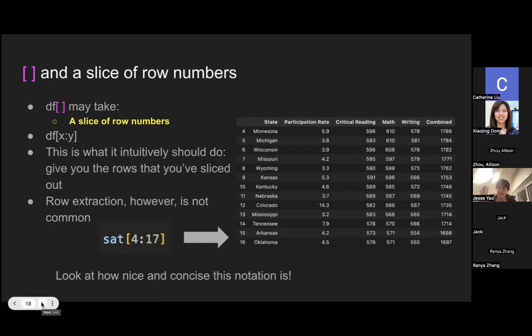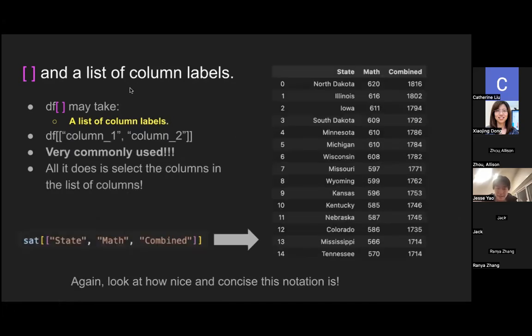Now, if I do not put a slice, however, as mentioned before, the behavior completely changes. And that's what's really confusing about these square brackets. So instead, if I put a list in, it will immediately assume I'm thinking about columns. Again, there's no reason for this.